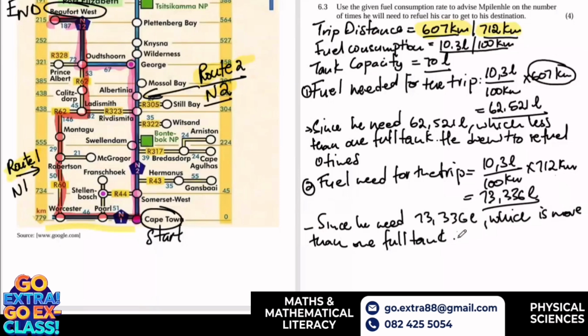So in this case, he does need to refuel. It does need to refuel, but how many times? Therefore, it would be one time. I don't think it would be more than that. It would be one time. So that's how we can answer this question.